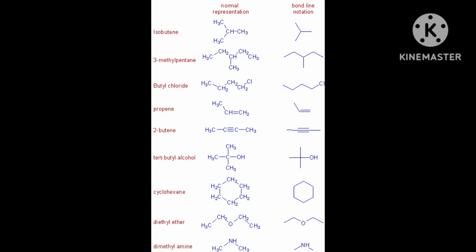If one is up, the other will be down. Then on the second carbon, Br you can write. Suppose you have written CH3 up, then CH will come down, and with that second carbon, Br is attached. Third carbon will go up, CH2. Fourth will come down, CH3. This is the second way to write the condensed formula.